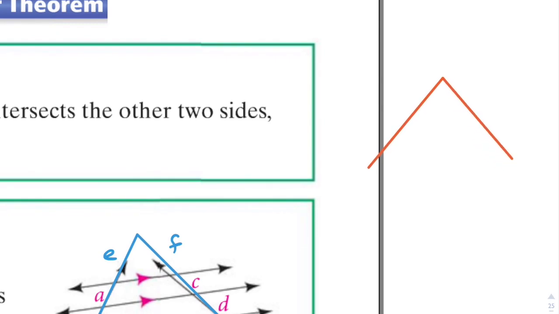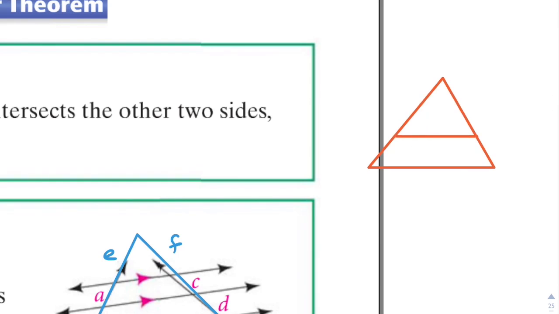So I'm going to draw a triangle, and I'm going to replicate that. I was able to draw it parallel because my software allows me to.